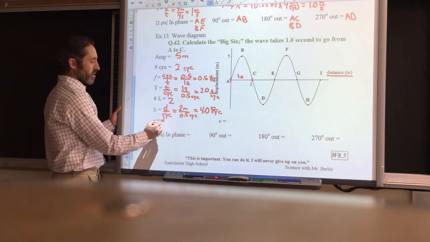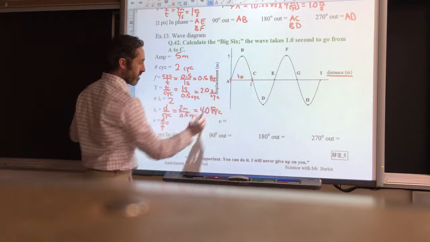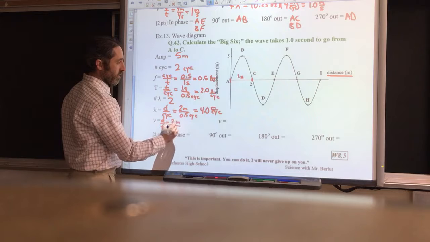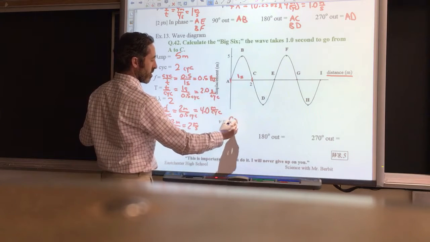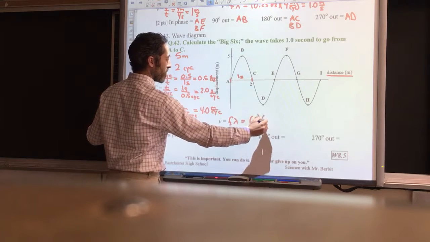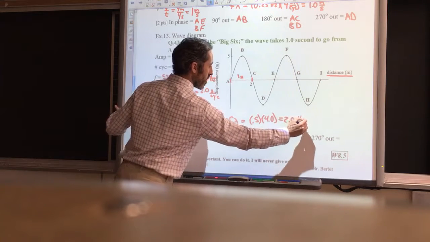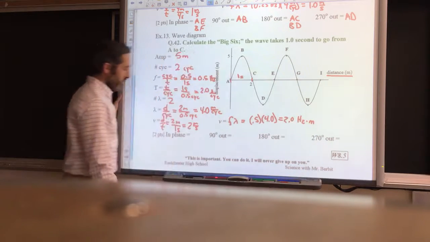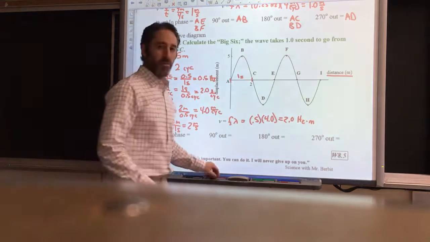Speed is the same thing as we did earlier, d over t. You can do right here. This spot is 2 meters away, and it took 1 second. There's your speed, or frequency times wavelength, 0.5 hertz times 4. Gives you your 2, I'll call it hertz meters this time. Phasing is the same thing as above.